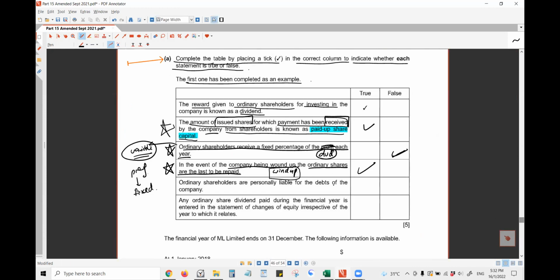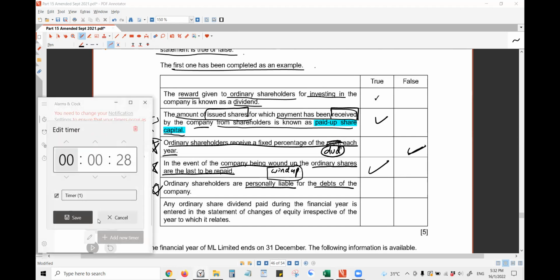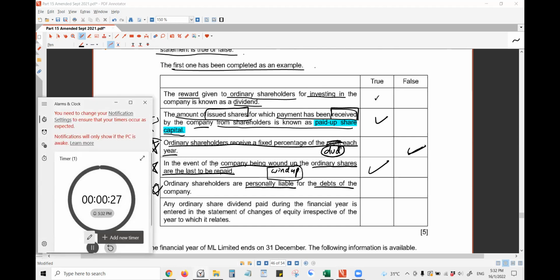Next sentence. Ordinary shareholders are personally liable for the debts of the company. True or false? Tell me in the chat box. Okay, timer again. Once we are done, we dismiss.